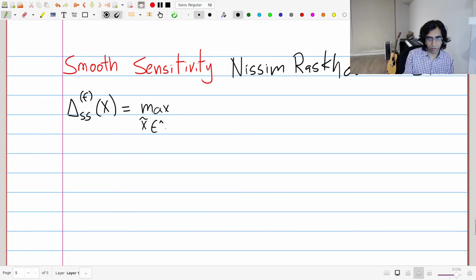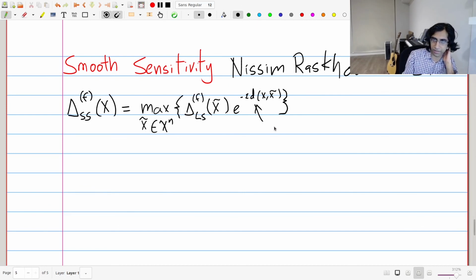So we look at a max over all possible data sets of the following quantity: the local sensitivity of f at this new data set x tilde, times e to the minus epsilon times the distance between x and x tilde, where once again this distance is the Hamming distance. That is the number of points that have to be changed to get from one to the other.